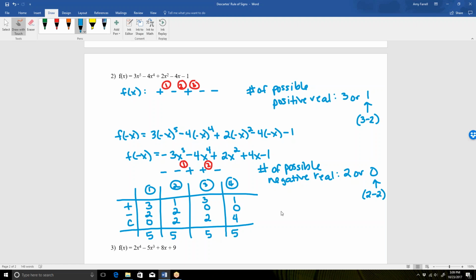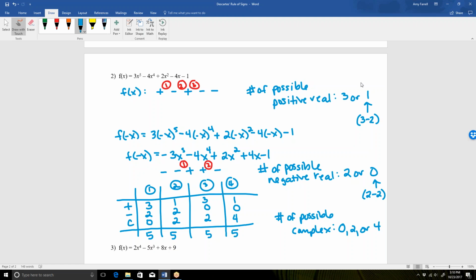So if you look at this bottom row, it tells you the number of possible complex zeros. There could be 0, 2, or 4 complex zeros.